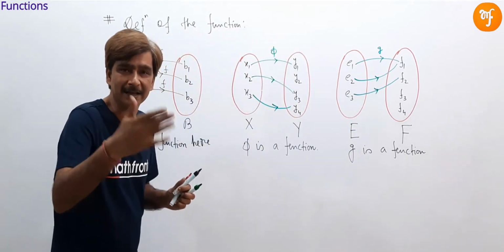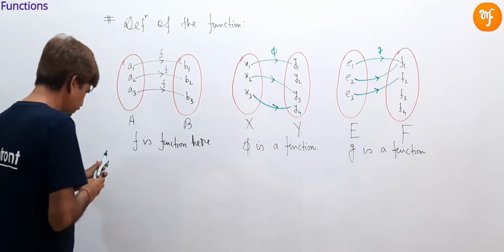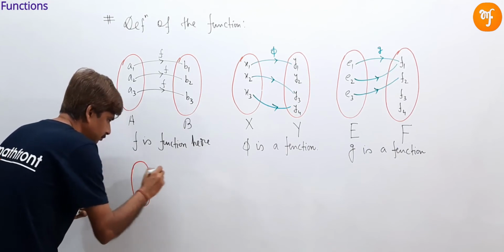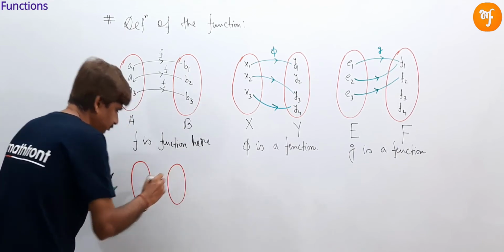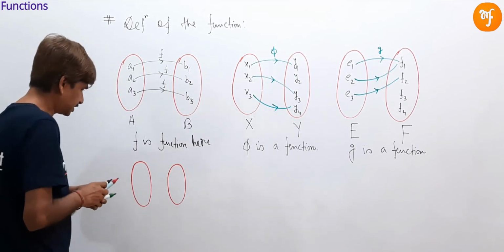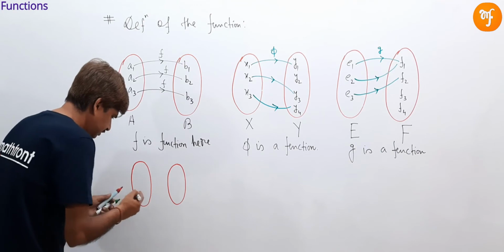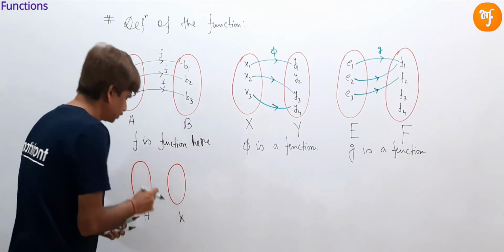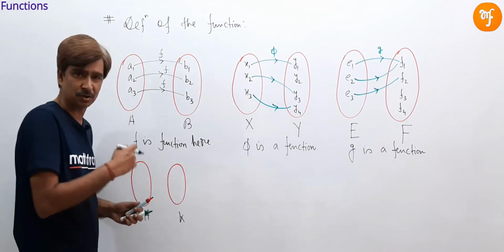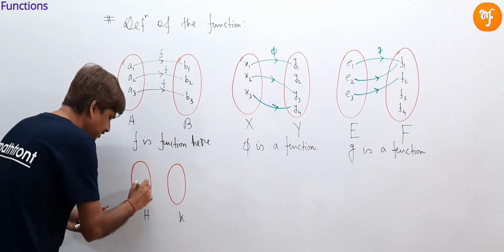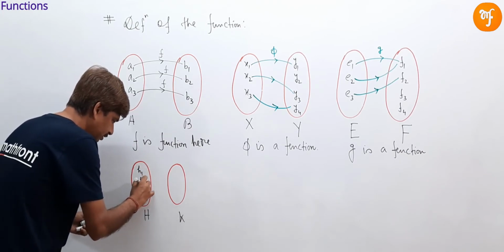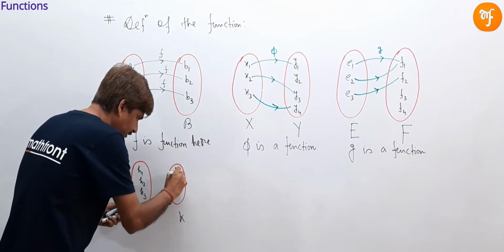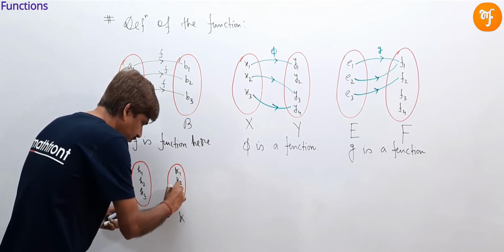Now considering another diagram. Suppose these are two sets. Just give the names of these sets again, H and K. Okay, so if we consider H as the domain set and K as the codomain set, and the elements in H are H1, H2, H3, and elements of K are K1, K2, K3.